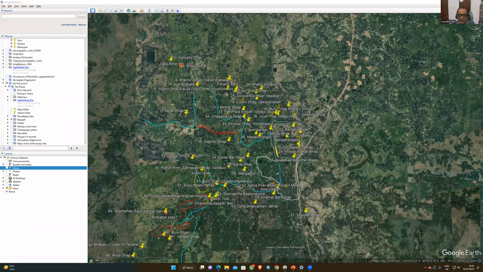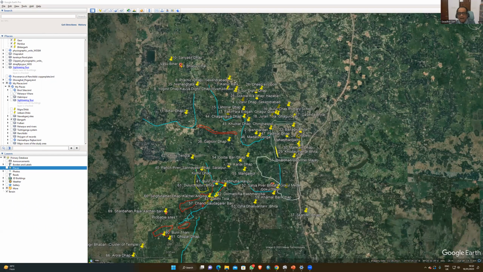And interestingly, this area close to or outside this fortified area or settlement is just full of archaeological material, dense archaeological material. And all these blue lines are basically paleo channels or abandoned channels.